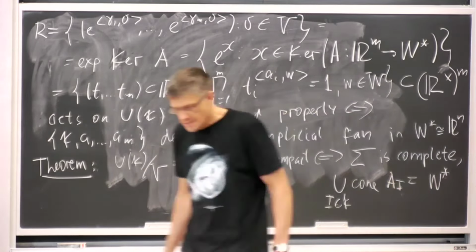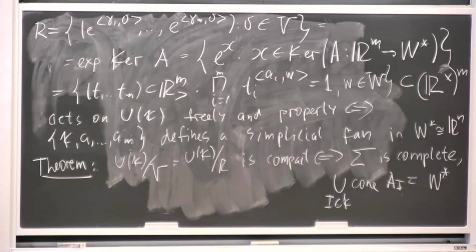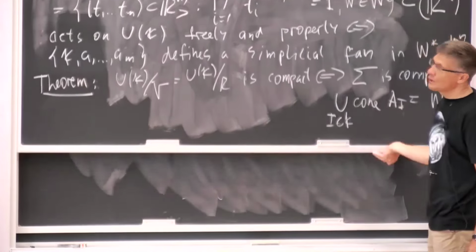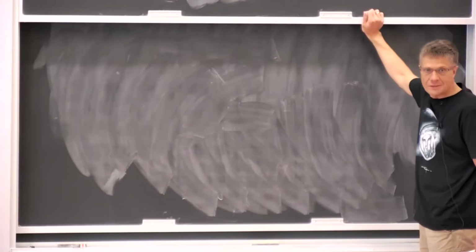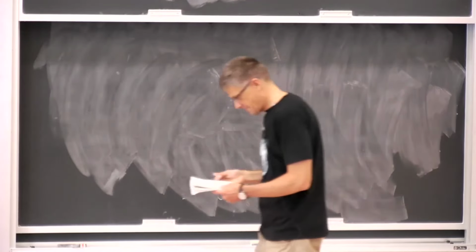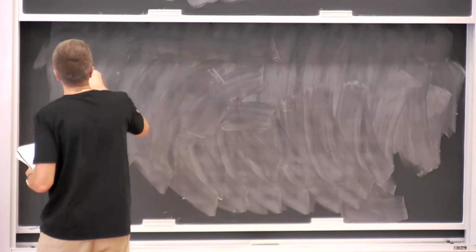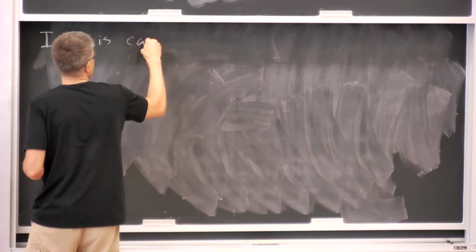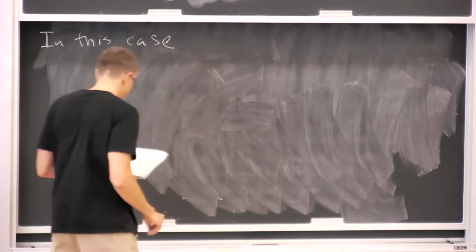Mm-hmm. How is this manifold related to the toric variety? Well, that's what I'm going to explain towards the end of this lecture. Yeah. So that's the first thing, right? So first, I'll tell you how it's related to polyhedral product, right? So now, once it's compact, then in this case, that's a continuation.